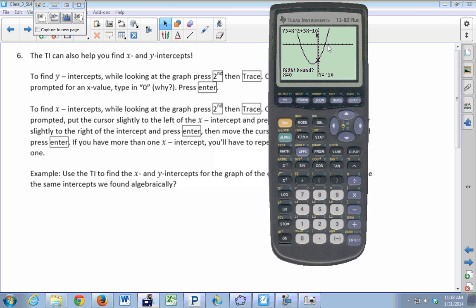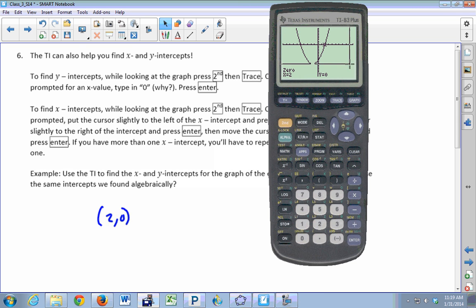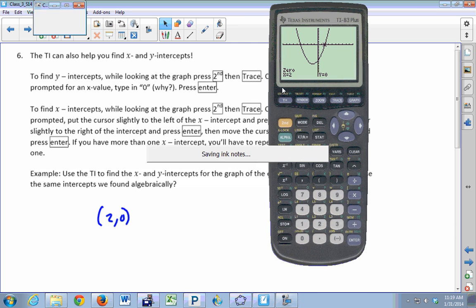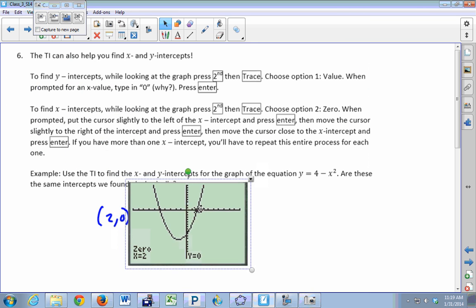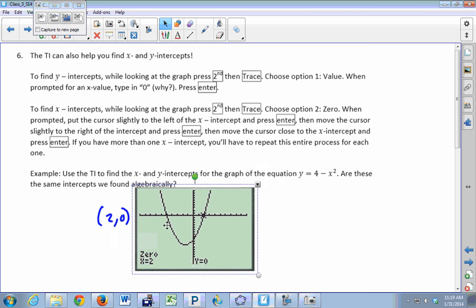I'm going to say 5, 4, 3, doesn't matter, 5. And I hit enter. And then you'll always get guess, and for guess you just always hit enter. And now it's going to calculate for you the first x-intercept, 2, 0. Okay, so let's get a picture of that. Notice all I did was enter a left bound and a right bound, and there's my first x-intercept.